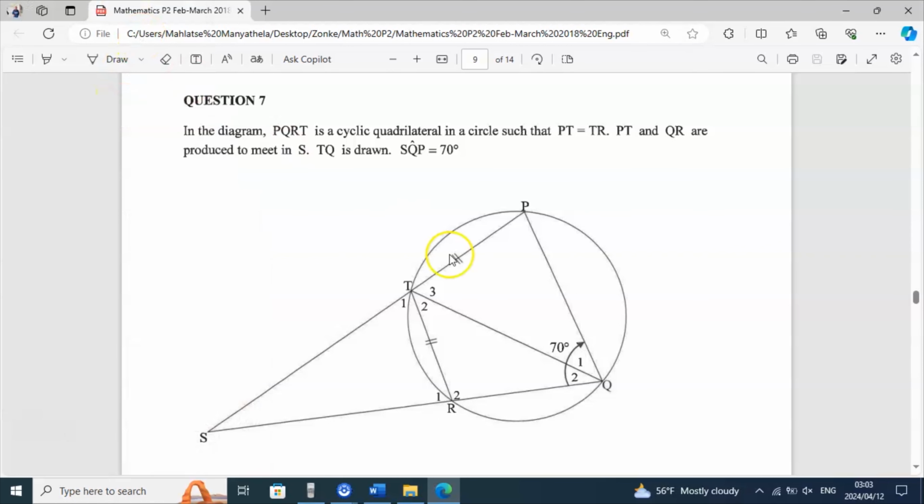So Q2 is equal to Q1, which is equal to 35 degrees. You can just use that.